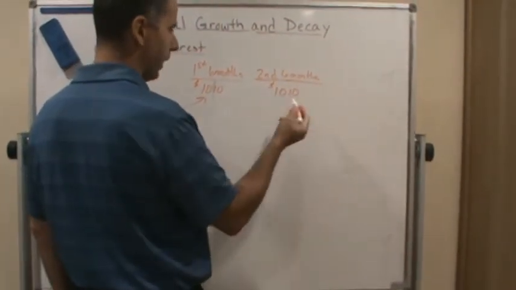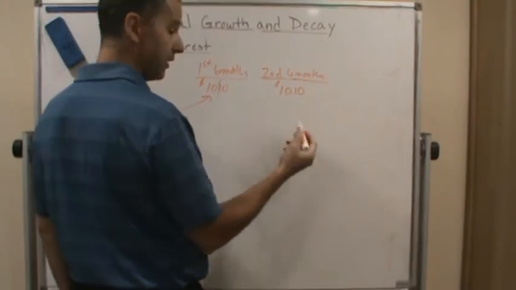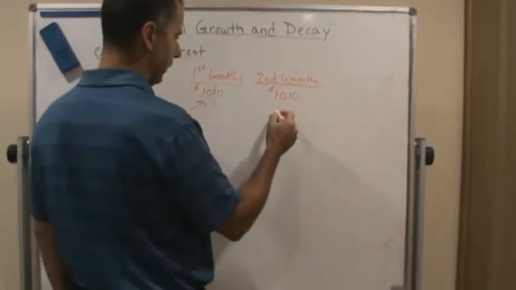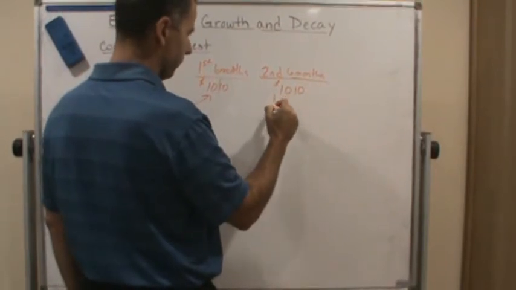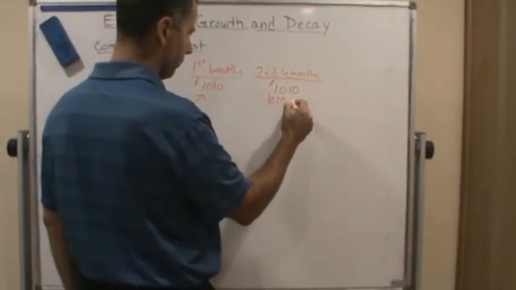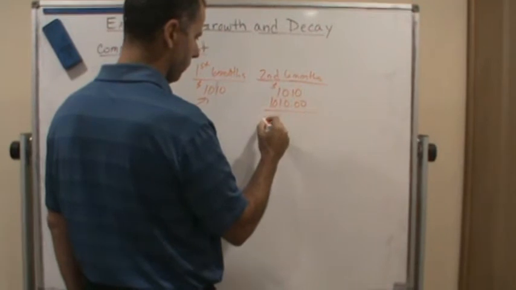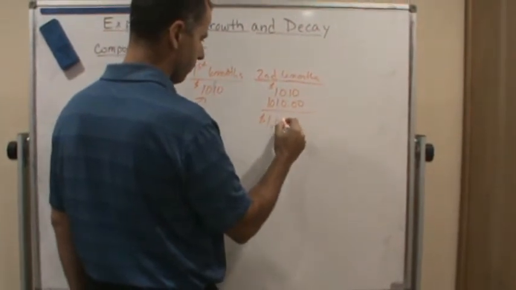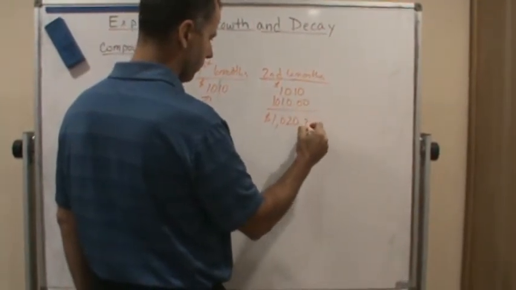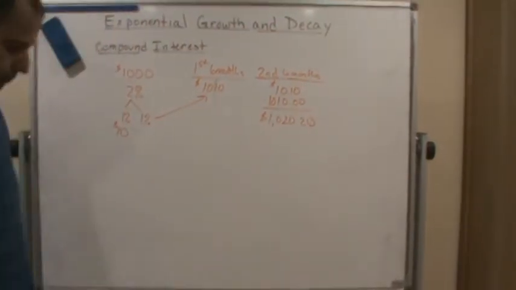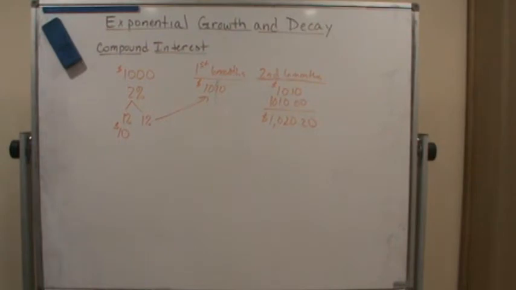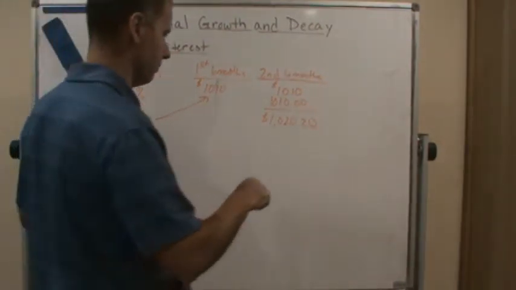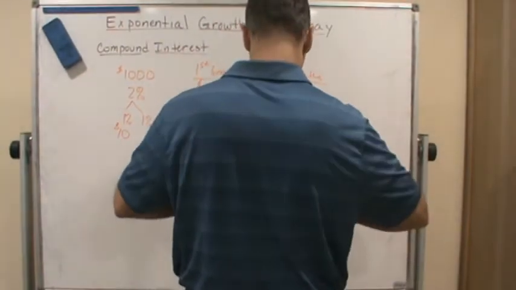And then what happens to your balance at the end of the year? It's going to be $1,020.10. Excuse me, I wrote that down wrong.